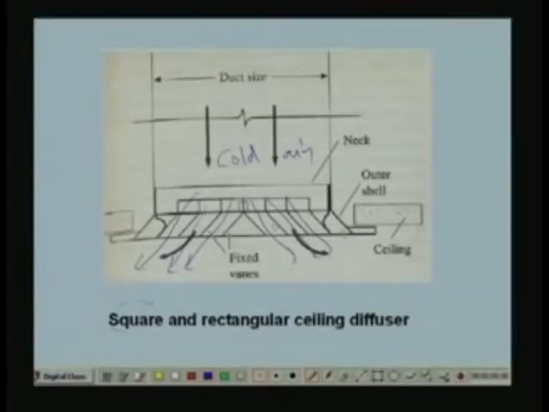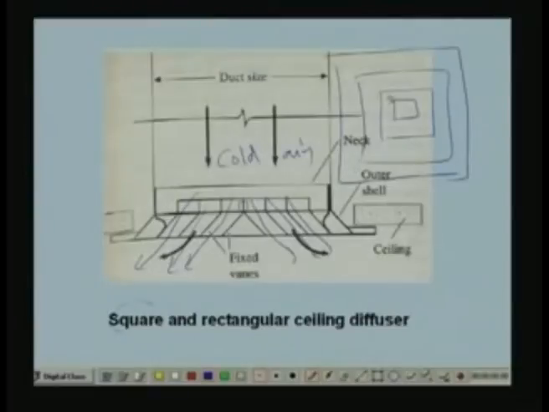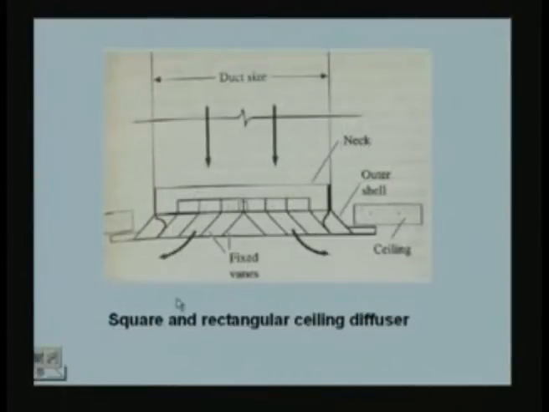If you see from the bottom, it will be looking something like this. Air will be coming from here, so it is discharged in all directions. And this is mounted on the ceiling, as you can see here. That's why you call them ceiling diffusers. In this picture, fixed vanes are shown, but you can also have adjustable vanes.